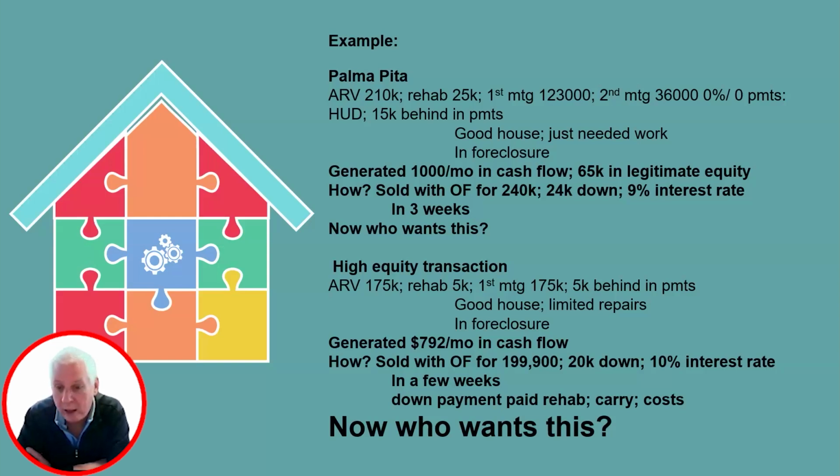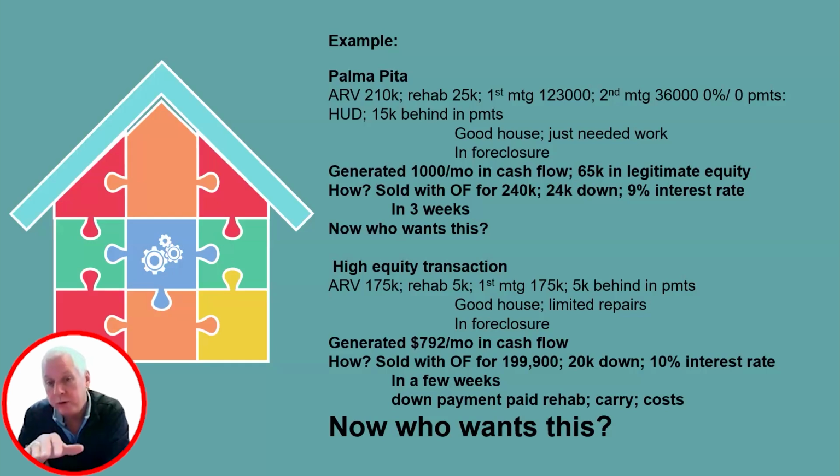We got a $24,000 down payment, and we got a 9% interest rate from our borrower. So after we paid some real estate commissions, we took the balance of that and applied it to our private lender. So now we owed our private lender about, I think, $25,000 was that number. But we're generating at this time $1,000 a month of positive cash flow between what our borrower is paying us and what we're paying the mortgage company.